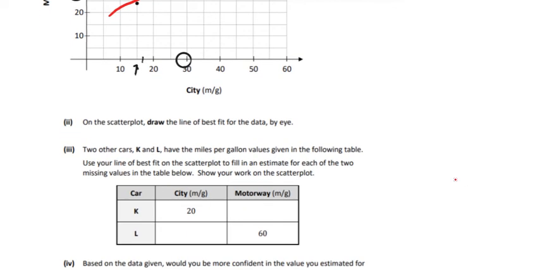Two other cars then, K and L, have the miles per gallon values given in the following table. Use your line of best fit to fill in an estimate for each of the two missing values. For K, the city part is 20.